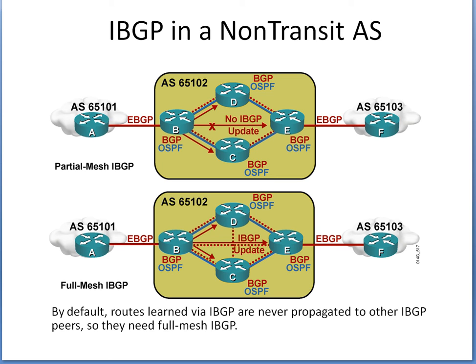Otherwise, because of this rule, by default routes learned via an IBGP are never propagated to other IBGP peers. Because of this, A cannot reach F. The solution is fully meshed IBGP.